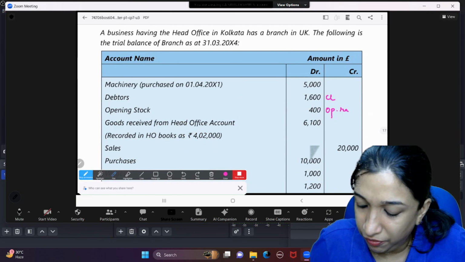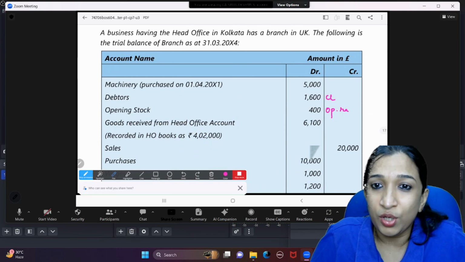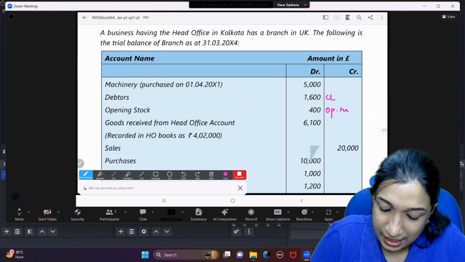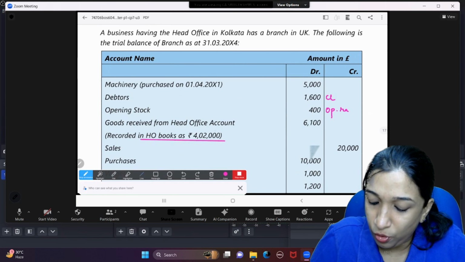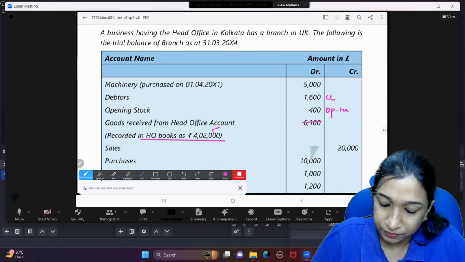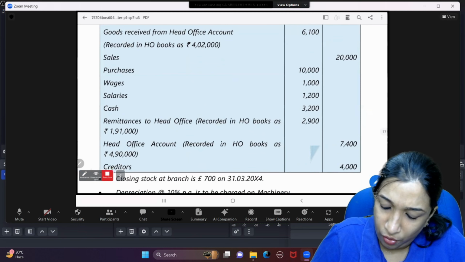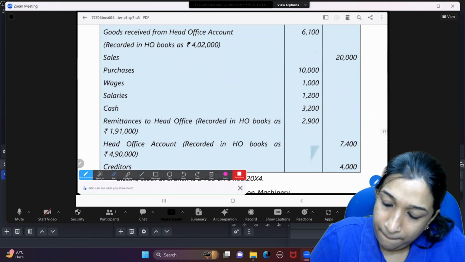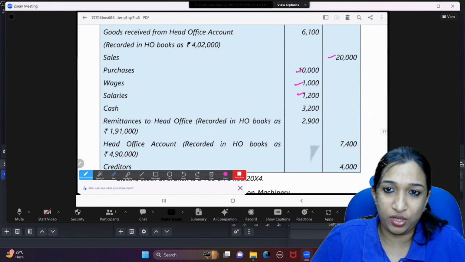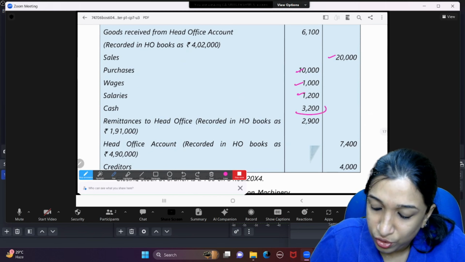So goods received from head office account, you will not convert because it's given that it is recorded in HO books at 4,02,000. So you will not convert 4,02,000. Sales, you will go for average rate. Purchases, average rate. Wages, salaries, average rate. Cash, closing rate.